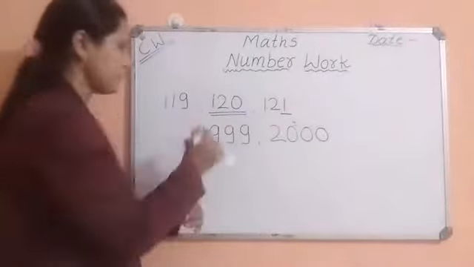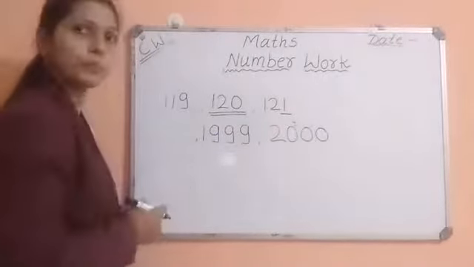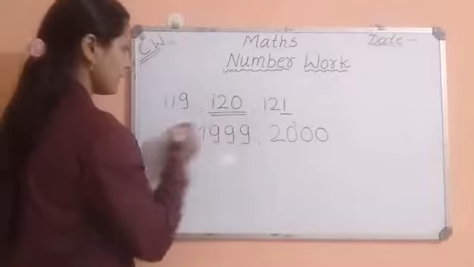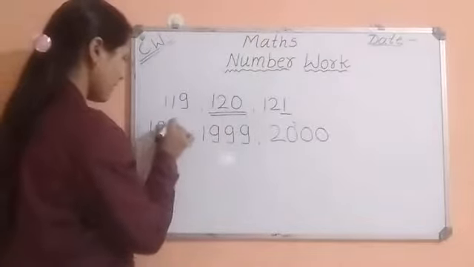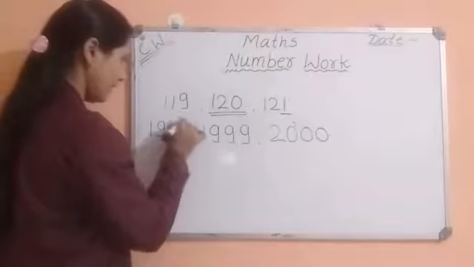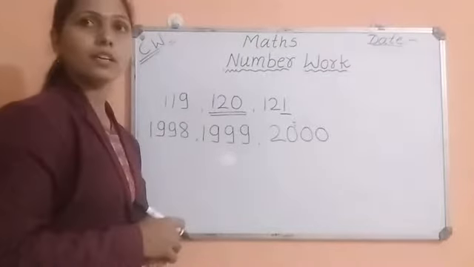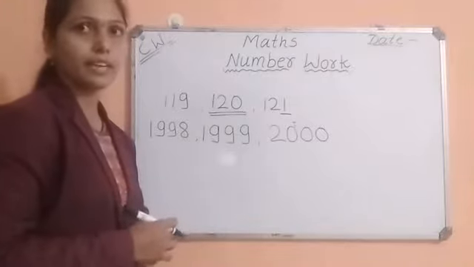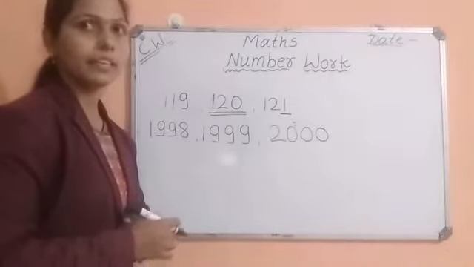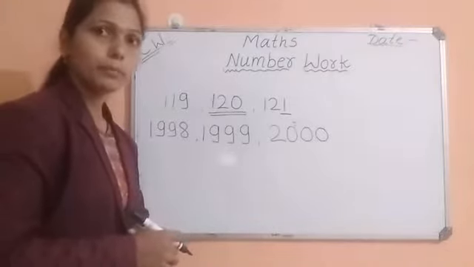And if we have to write the number just before, then 99 minus 1 is 98, so 1998 is the number just before 1999. Okay, so remember these things.